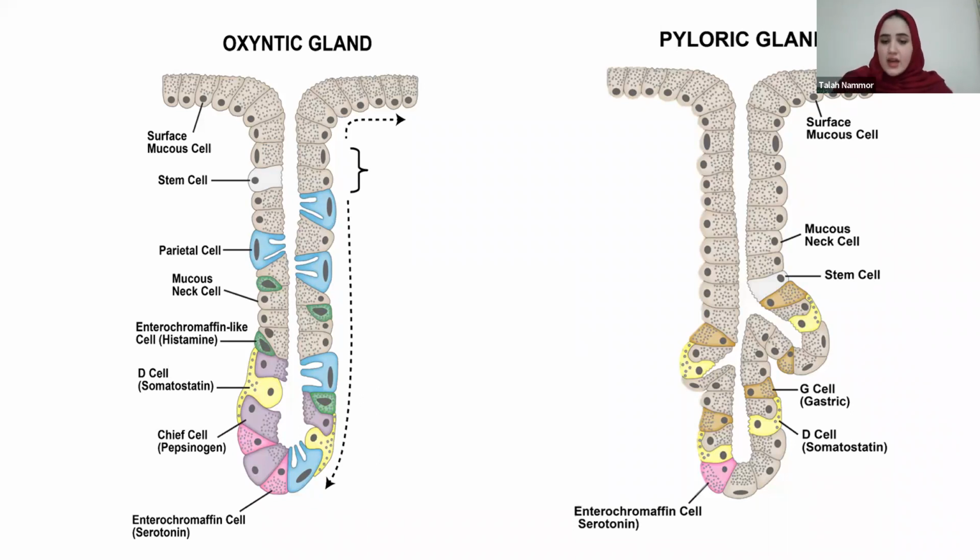What I was saying is that G cells release gastrin, and it depends on the amount of gastrin that is released. This gastrin will go to the enterochromaffin-like cells to cause the release of histamine, and this histamine will go to the parietal cell. If we have excess gastrin, it will go to the parietal cell and cause HCl secretion. But the main hormone is histamine, okay?